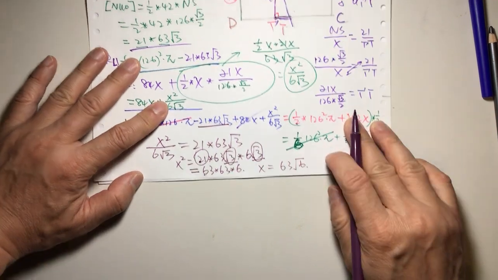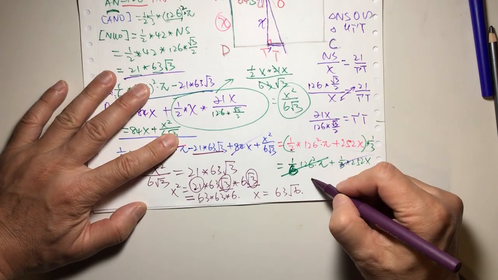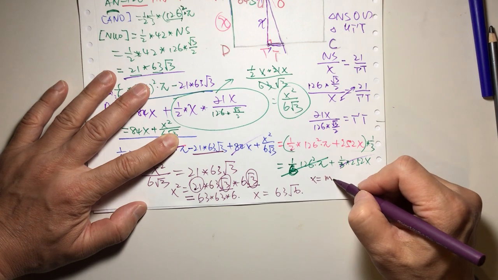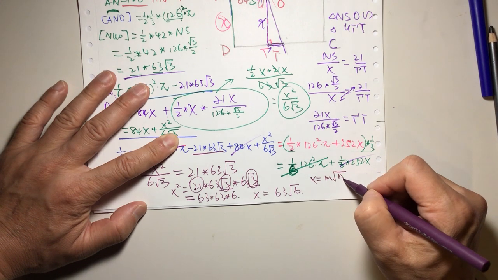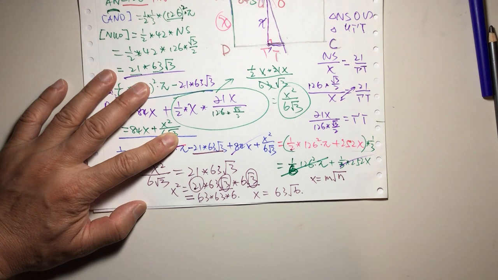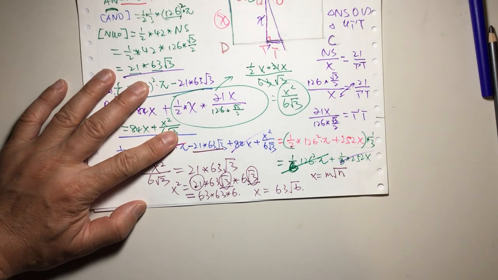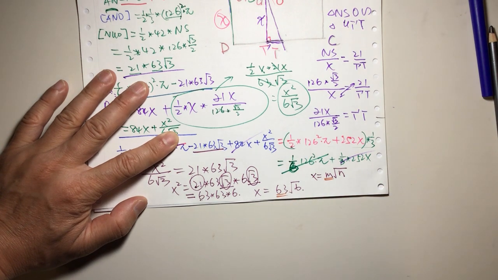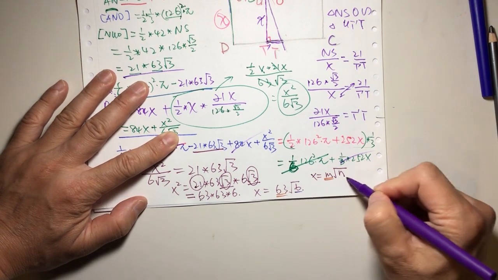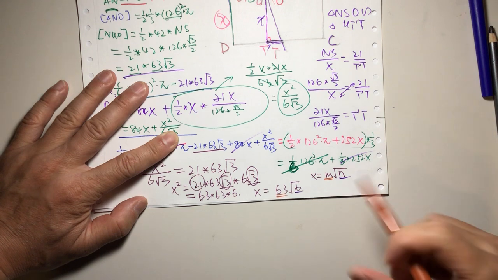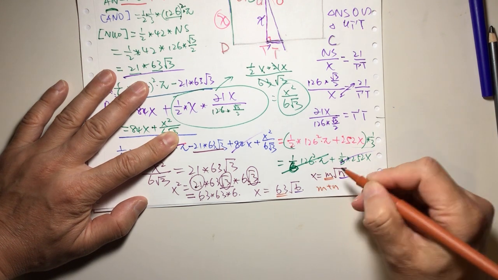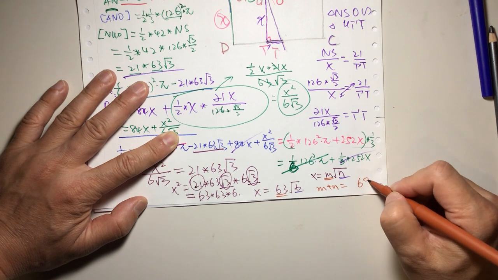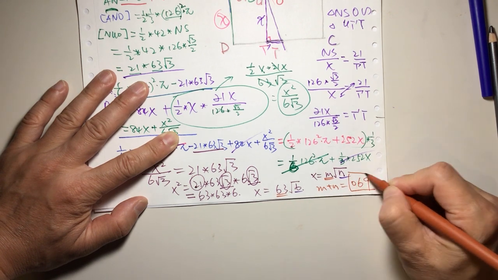So the problem asks us to write x as m times square root of n. So here m equals 63, n equals 6. So m plus n equals 63 plus 6, 69.